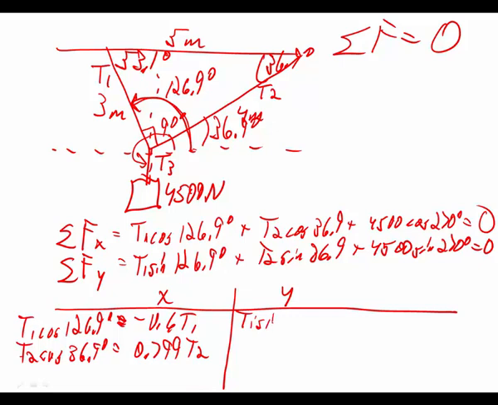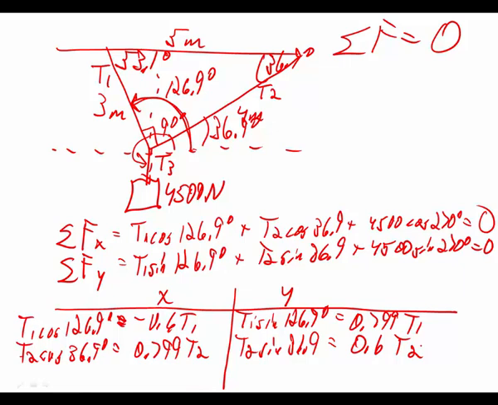T1 sine of 126.9 is equal to, well, it's just the opposite, y'all. Yeah, that's right, 36.9. And it's going to be 0.6. And that's T1 and T2.